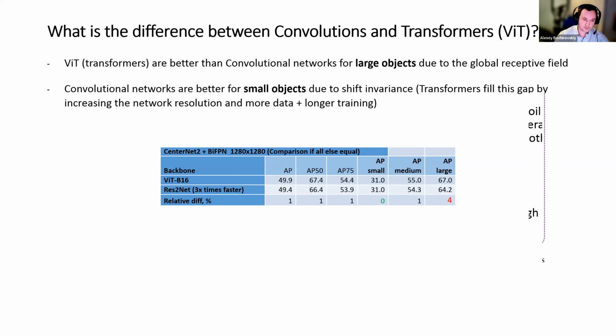So if you try to make a ResNet convolutional network with the same speed and the same size as ViT, then ResNet will have better accuracy for small objects, and ViT will have better accuracy for large objects.